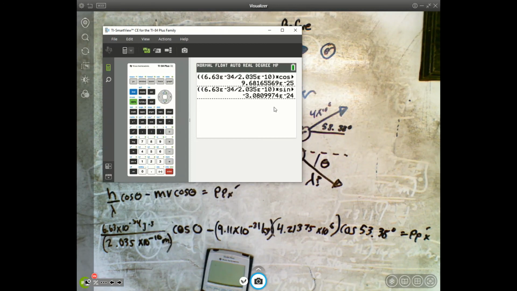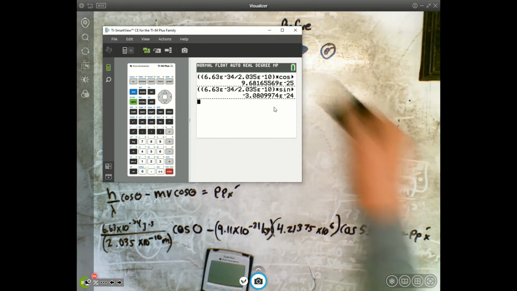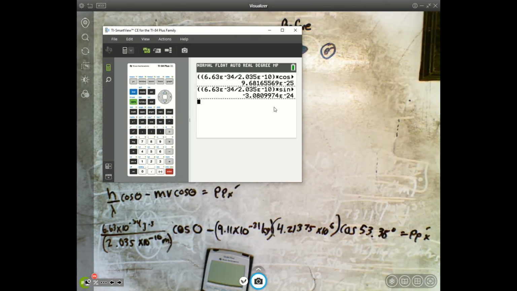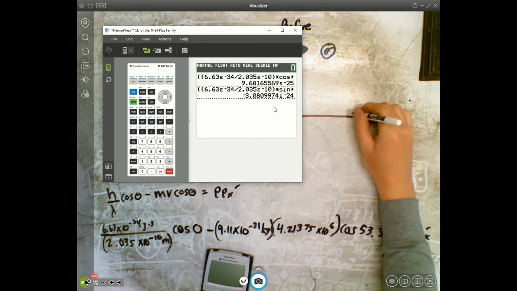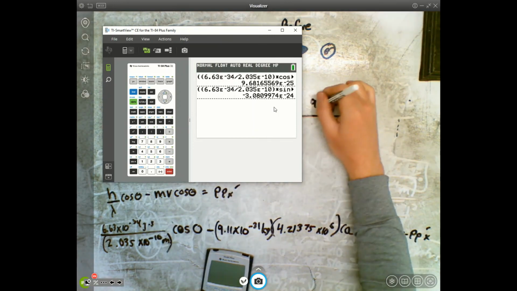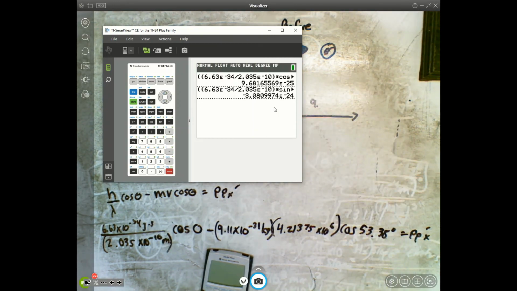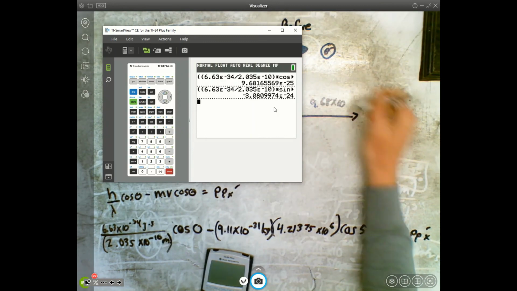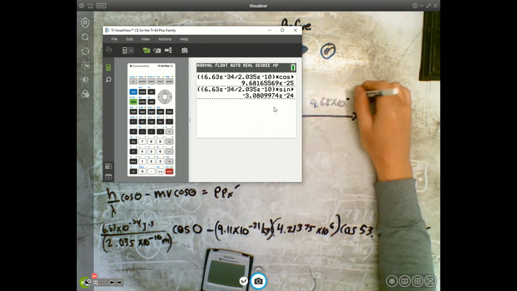So what I can do is erase this here and draw out my triangle. In the x, it's positive, so I get 9.68 times 10 to the negative 25.